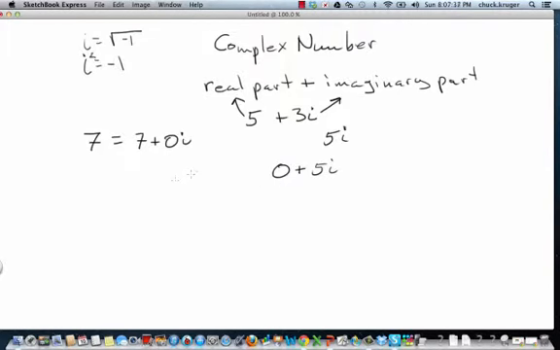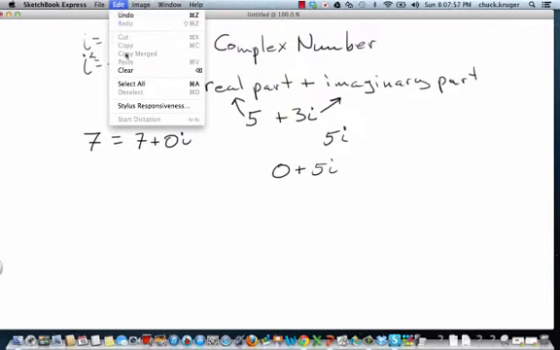So all numbers fall under complex numbers, and a complex number has two parts, a real part and an imaginary part. I can write reals in the form of a complex number, and I can write imaginaries in the form of a complex number. Okay, so that's how a complex number is defined.